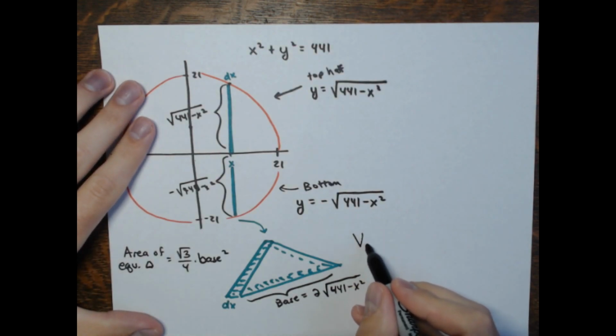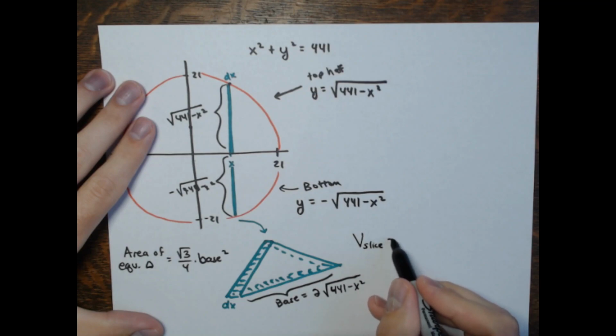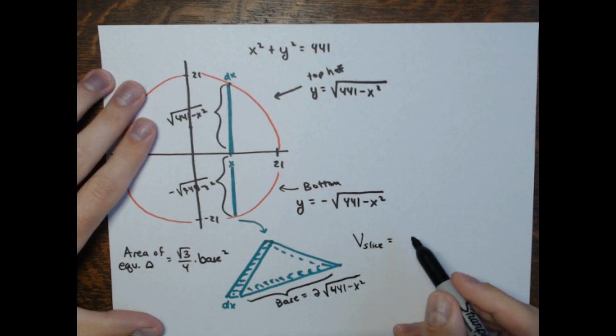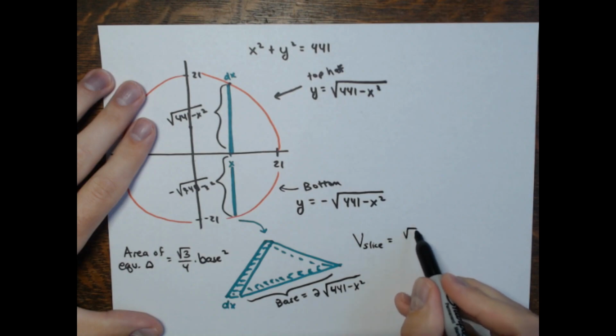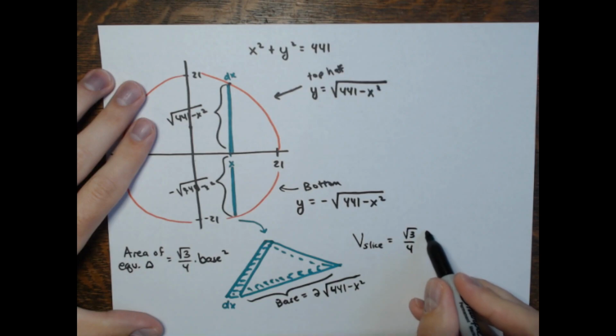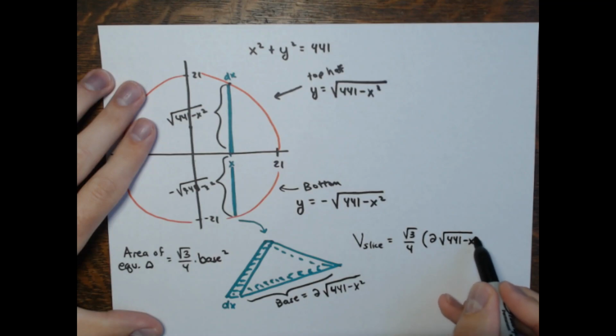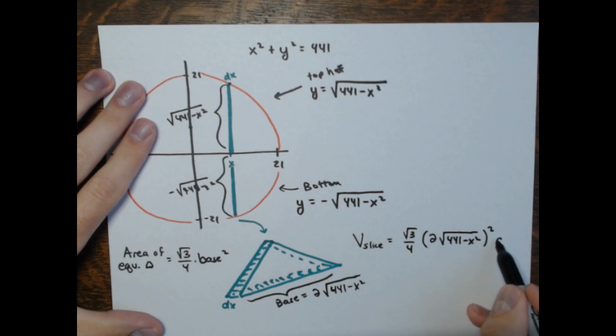Okay, so the volume of a slice, just one slice here, is the area of my face, the area of the equilateral triangle, the area of the cross section. So that'd be square root of 3 divided by 4, times the base squared, so 2 times the square root of 441 minus x squared, and then times the thickness.